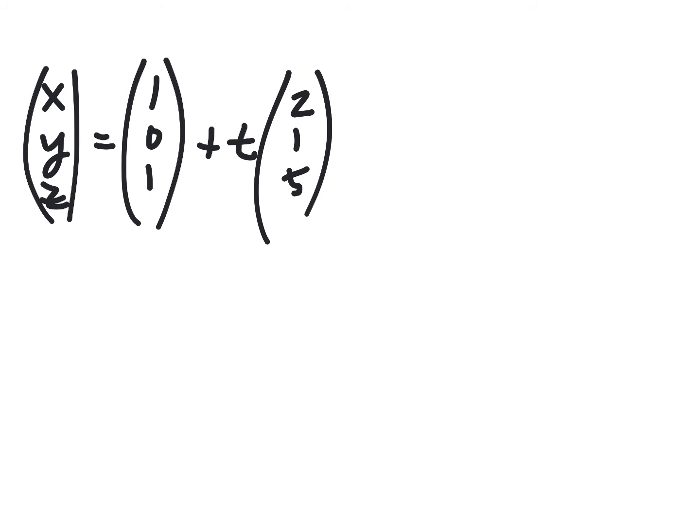That's the vector form of a line that starts at 1, 0, 1, and the vector part is the 2, 1, 5. All right, now, the question is, if I have another one, I'll make it blue here.